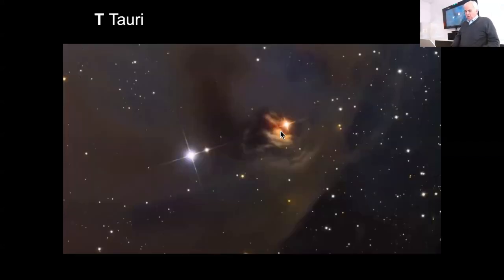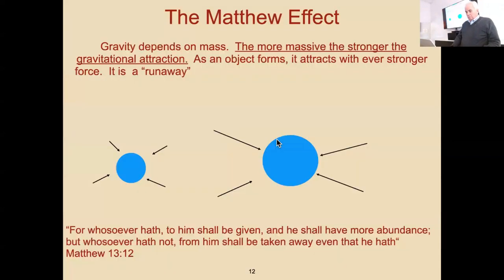And we see this here. This is T Tauri. This is a young star that's just a few million years old, and it's formed out of this cloud. And the planet formation effect is also very rapid, because what happens when a planet starts forming, as the planet gets bigger, its attraction gets bigger because it's more massive, and therefore the gravitational force gets bigger.